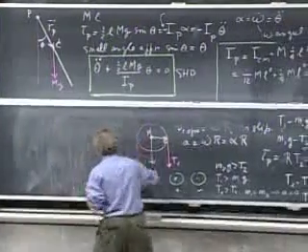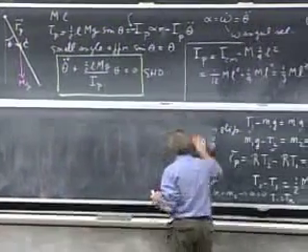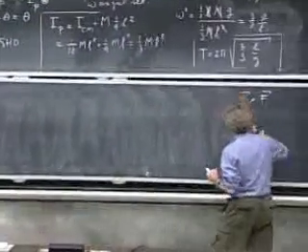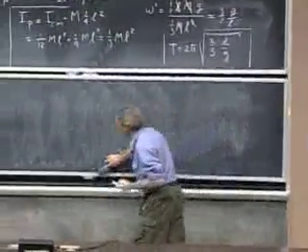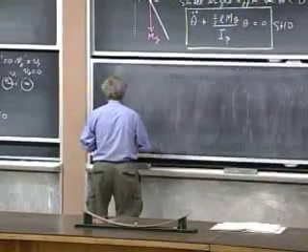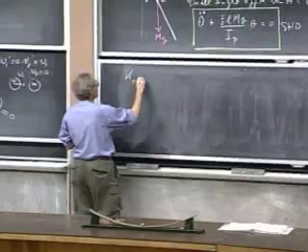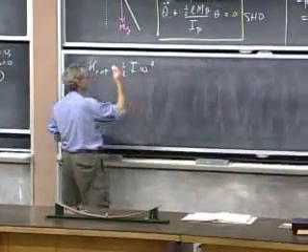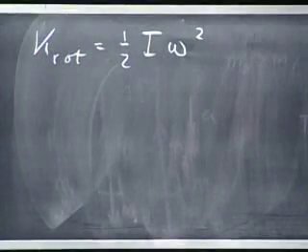Remember, the linear kinetic energy is 1/2 mv squared. The m becomes I when you go to rotation, and v becomes omega. So the kinetic energy of rotation equals 1/2 I omega squared. You'll find this equation on your exam.